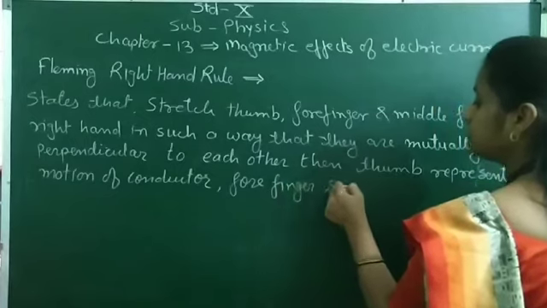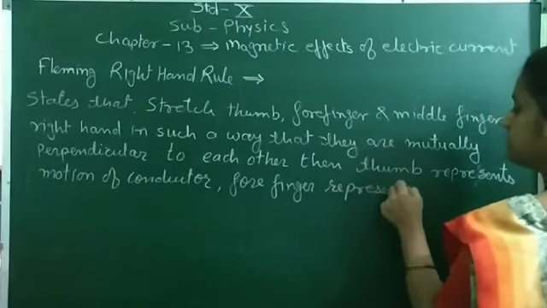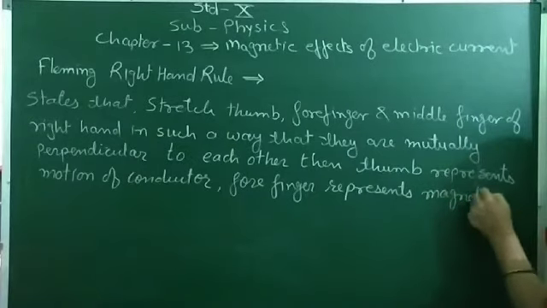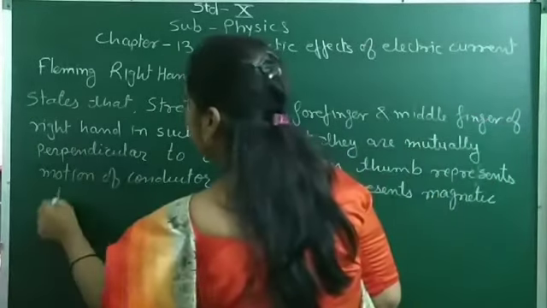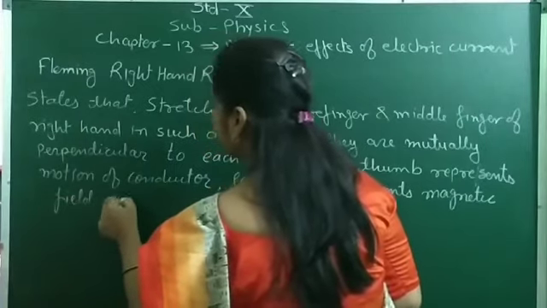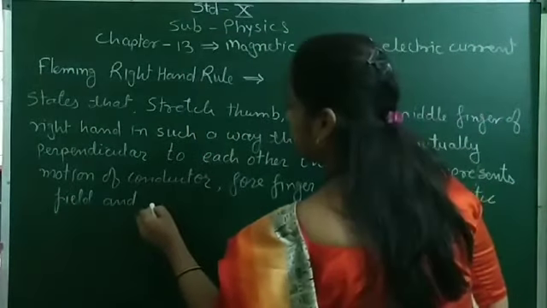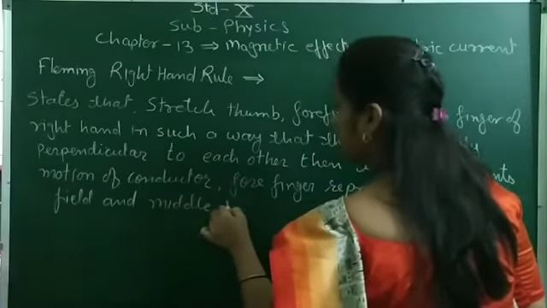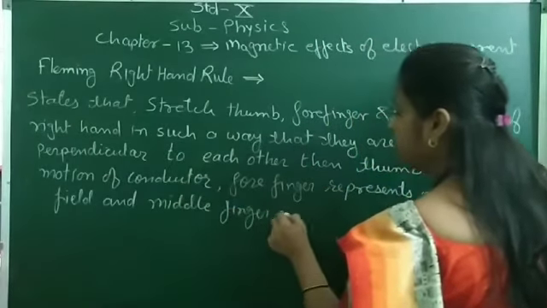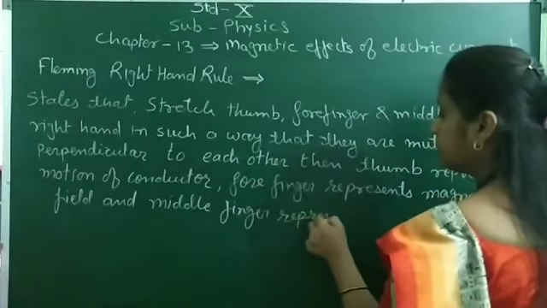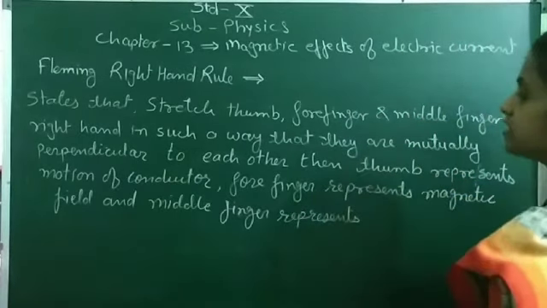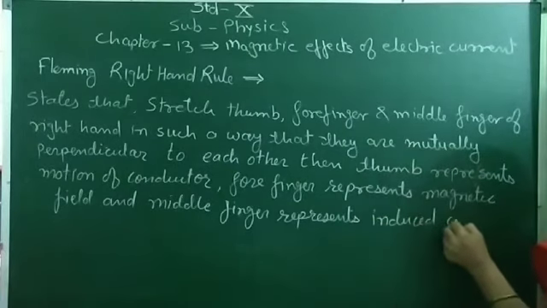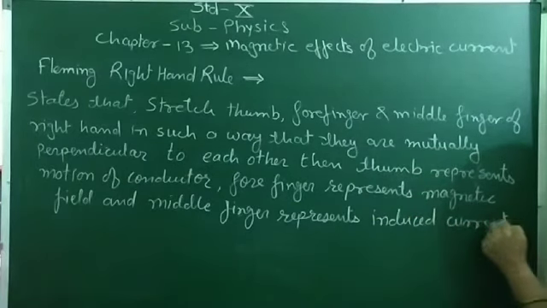Forefinger represents magnetic field and middle finger represents induced current.